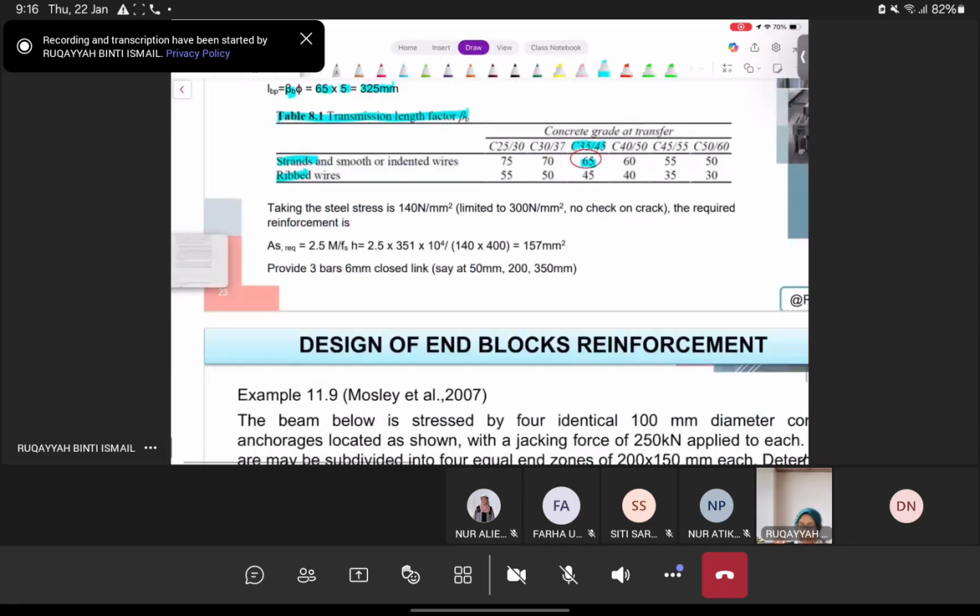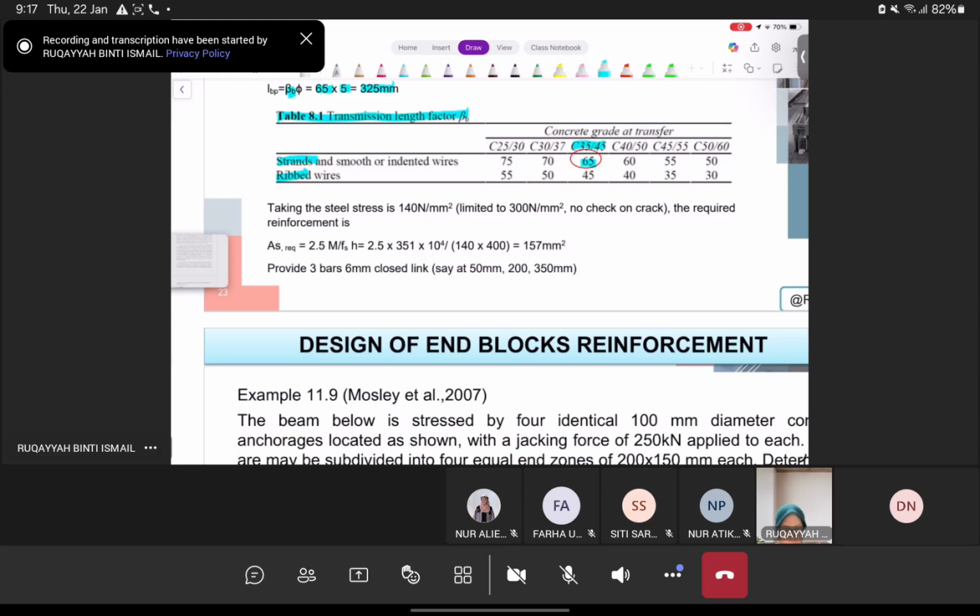All right, so taking the steel stress as 140, which is limited to 300 Newton, so no need to check on that. So the required reinforcement, because we want to know how much is the area of reinforcement that we want to provide for our link.